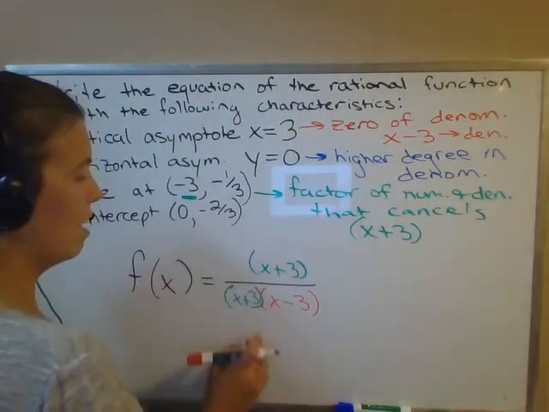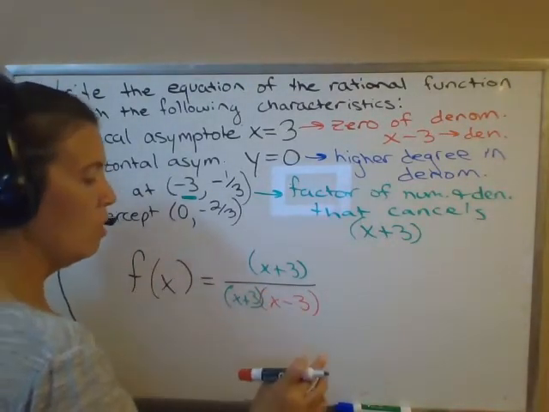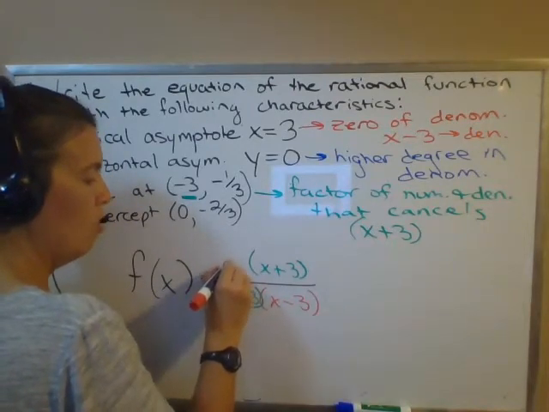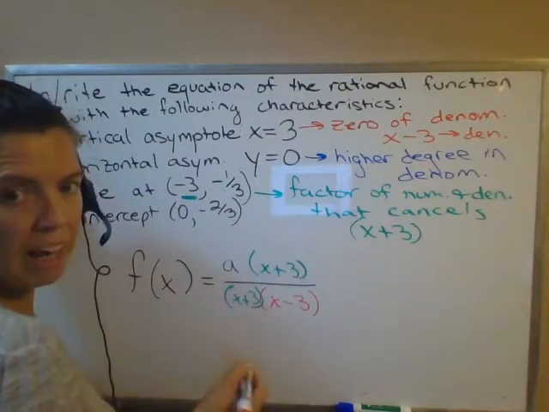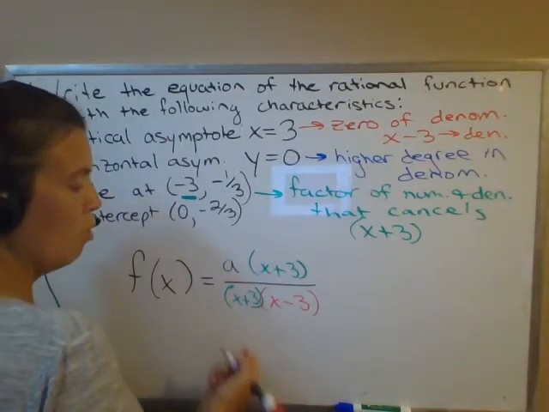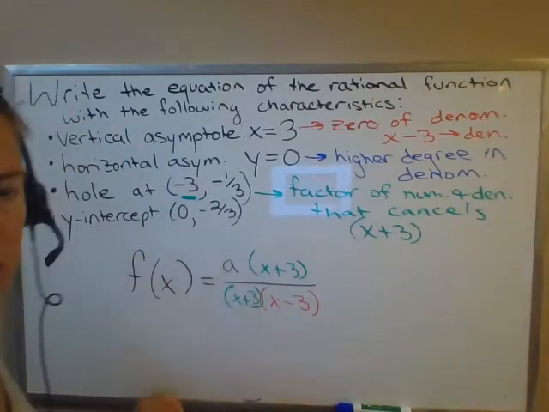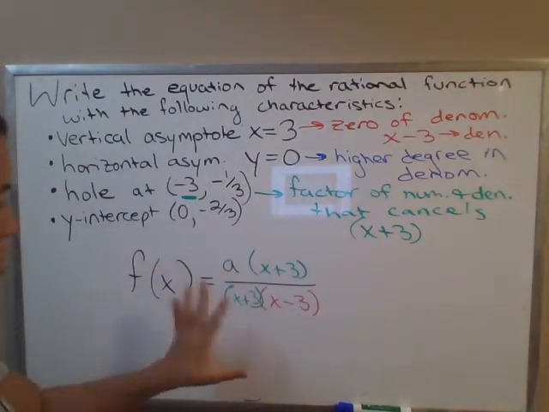You're not going to get -1/3. So here's the thing. You may have some leading coefficient in the numerator. I'm going to put a. You could also have some coefficient in the denominator. The a could actually account for both of those. So if a is a fraction, I'm just going to leave it like this.